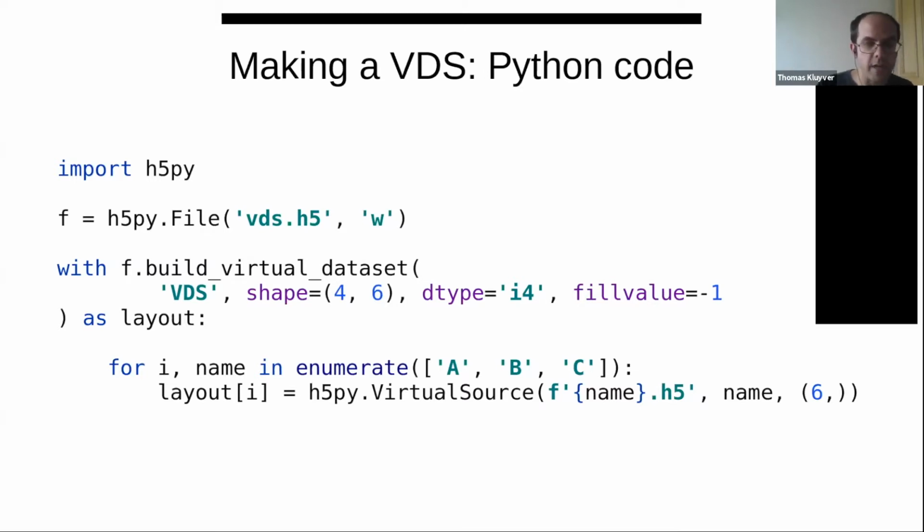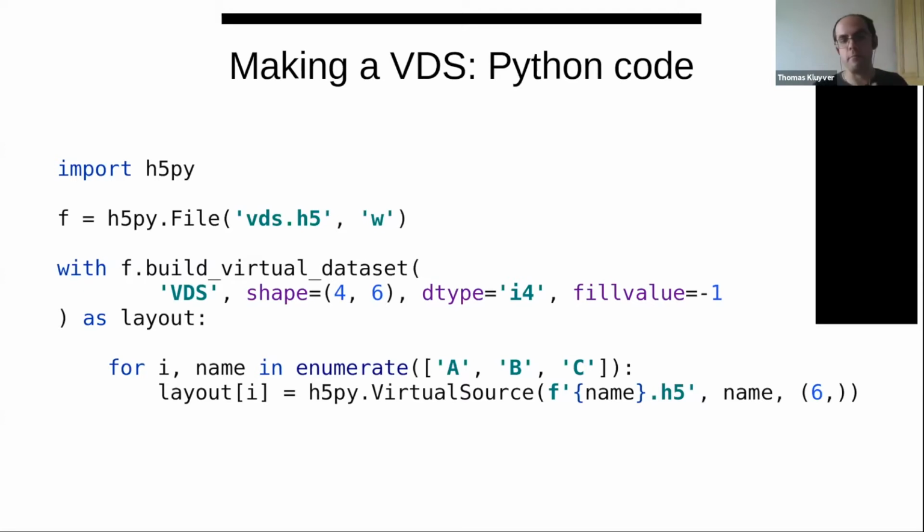So the core of it is that we're using NumPy style slicing to assemble these source objects into a layout. Here we've just got three sources, so files a.h5, b.h5, c.h5 with corresponding datasets named A, B, and C. And we're going to make a 4x6 dataset of 4-byte integers.